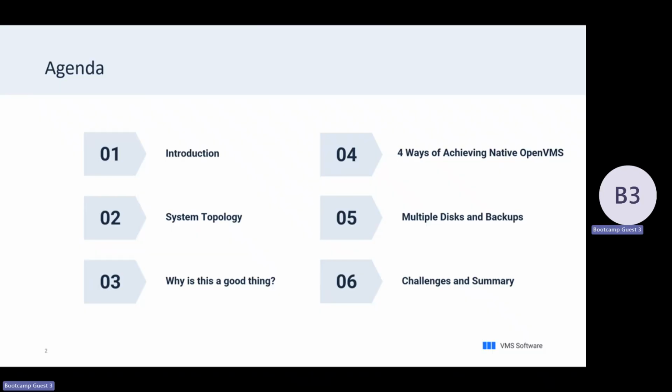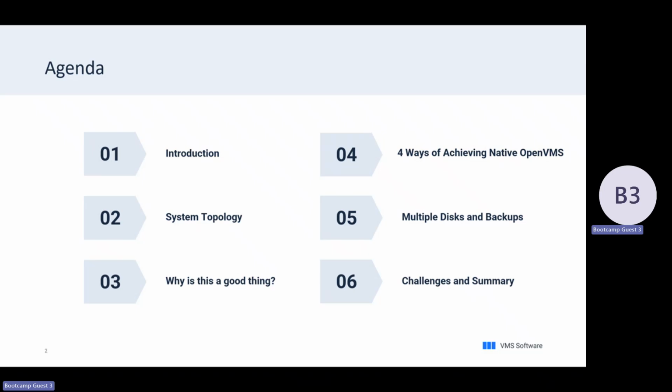So the agenda for today is first we will introduce a little bit what we are actually talking about when we are talking about OpenVMS cloud, followed by some system topology on how it actually looks like in terms of how devices and networks are connected, all of that stuff. We will follow it up with why we think this is a very good thing, and hopefully you will agree with us.